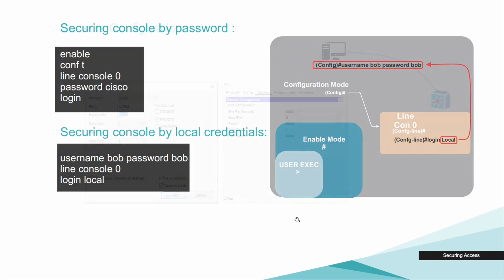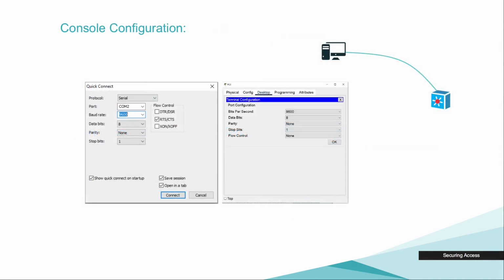In real life, in order to access the console port, we need software called terminal emulation. This software allows us to access the network device after we connect our console cable. For Cisco devices, we need to do some configuration in the terminal in order to access the console port.